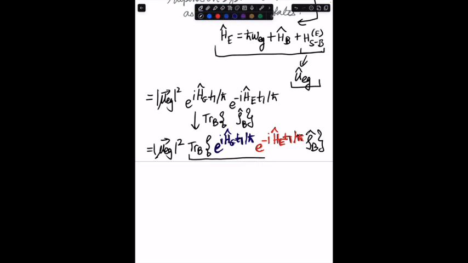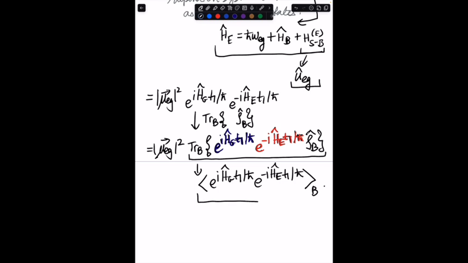Trace over all the bath states with your bath equilibrium density operator, and this is e raised to the power i H_g t1 over h bar, e raised to the power minus i H_e t1 upon h bar, trace over all your bath states.